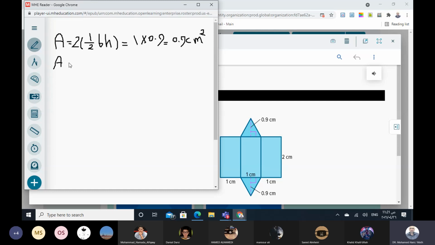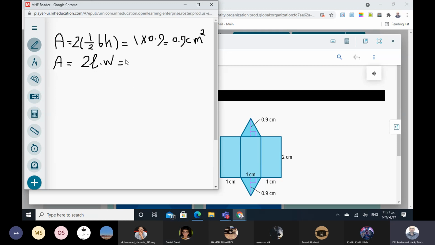Now we want to find the area of the two sides. We have here two congruent sides, this first side here and the second side here, two congruent rectangles. So the formula of the area of a rectangle will be length times width. But here we have two congruent rectangles, so we can multiply the formula by 2.